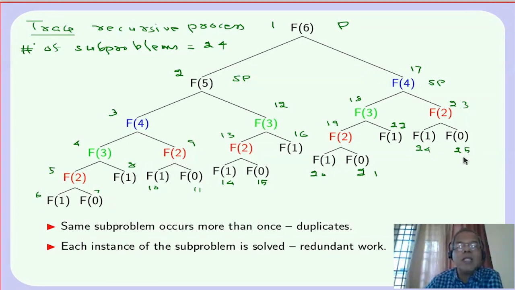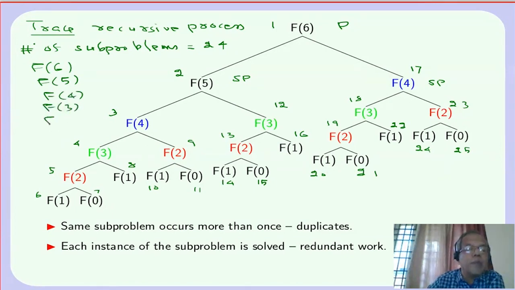Now let us take a good look at this answer. What are those subproblems? F of 6 is a problem. F of 5 is a problem. F of 4 is a problem. F of 3 is a subproblem, I mean. F of 2 is a subproblem. F of 1 is a subproblem. F of 0 is a subproblem. Let me ask this question.